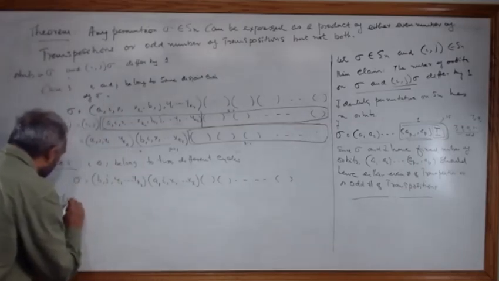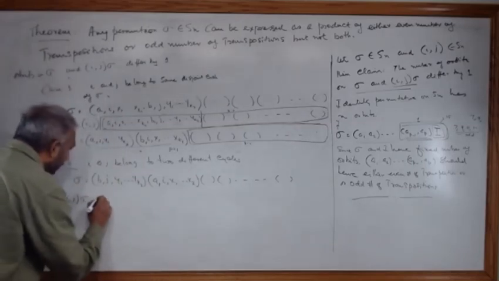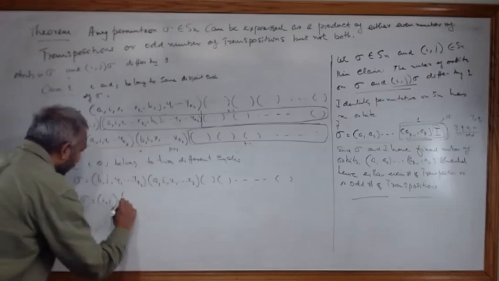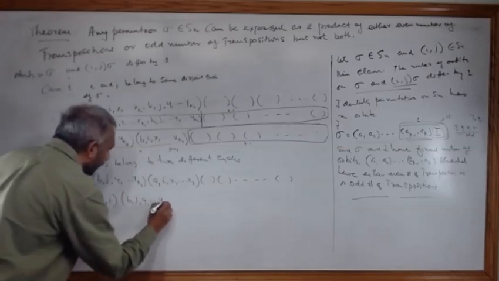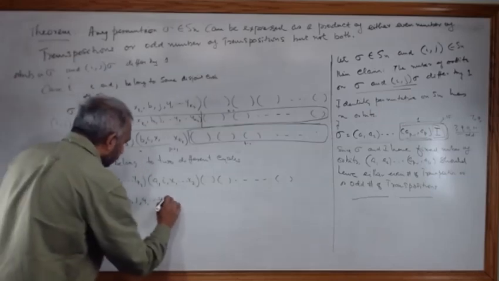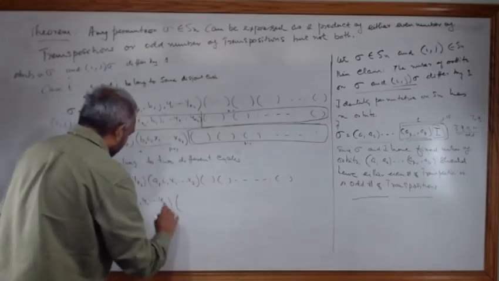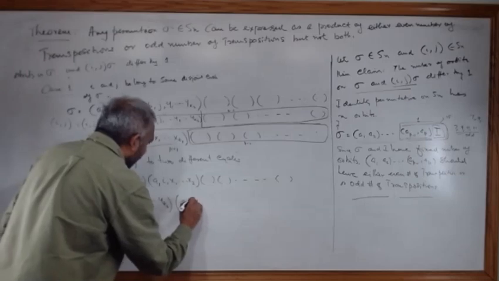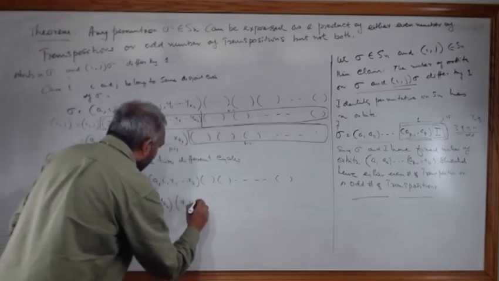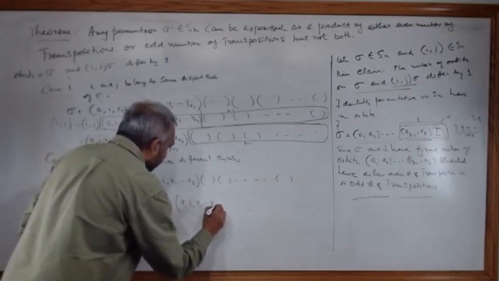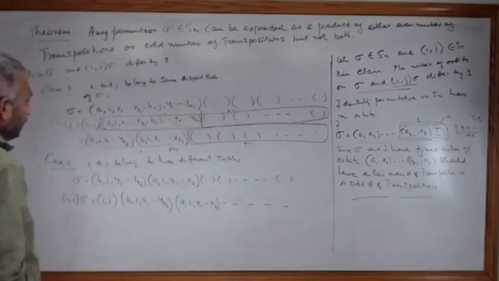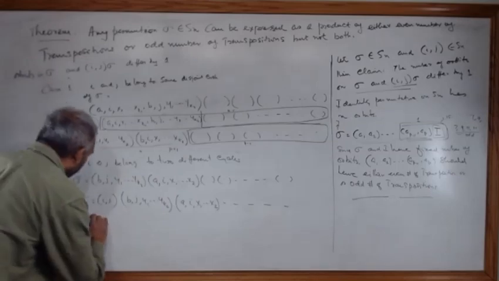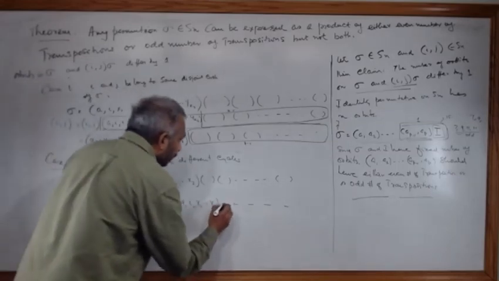So (i, j) sigma is equal to (i, j)(b, j, y1, ..., yk2)(a, i, x1, ..., x2), then this. What is going to happen is, you don't need to worry about this.